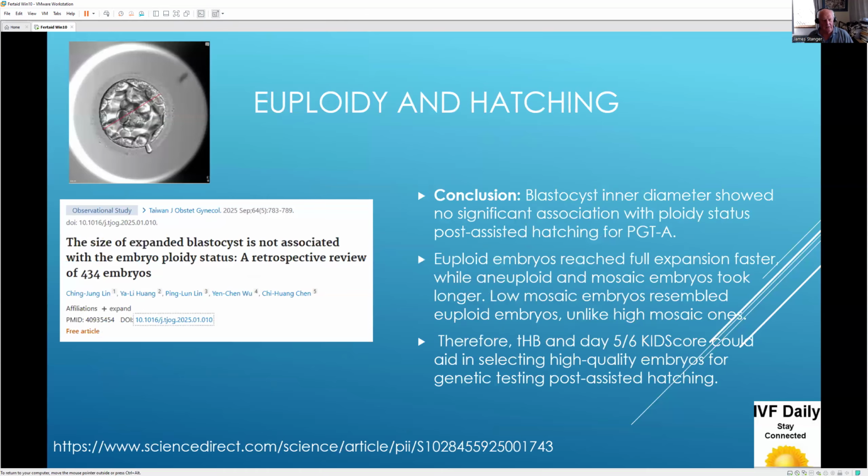The next paper from Taiwan looked at the role of the size of the blastocoel cavity in relationship to the ploidy status of the embryo. And they concluded that the blastocyst inner diameter showed no significant association with ploidy status post-hatching after PGT-A.